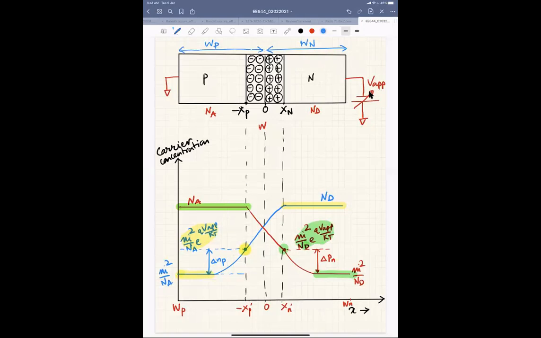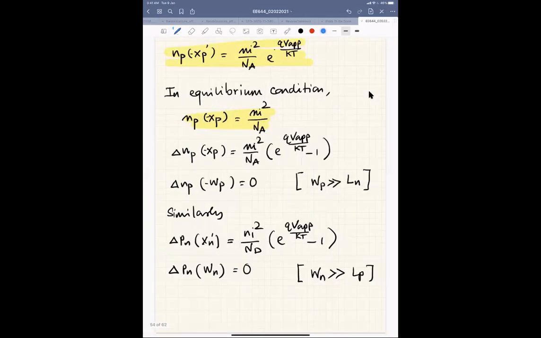This additional amount is delta, the change in the minority carriers, because electrons in the P side are the minority carriers. Before, I had ni square by Na at the edge of the depletion region, and now I have ni square by Na times e to the qVr by kT, and this is delta np. So I could write delta np at minus xp is ni square by Na e to the qVr by kT, right? So this is the excess minority carriers.